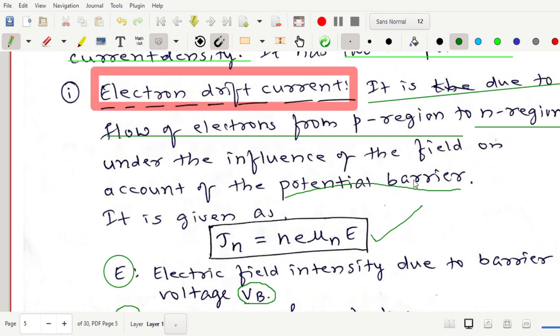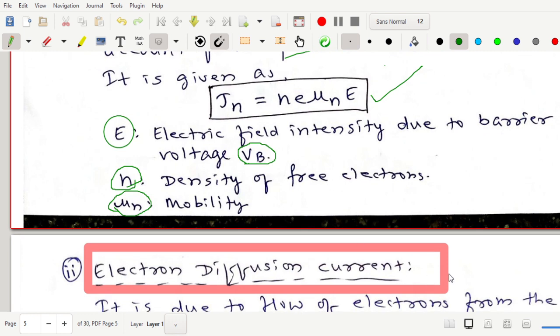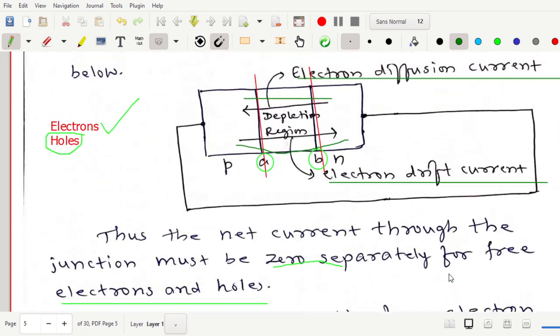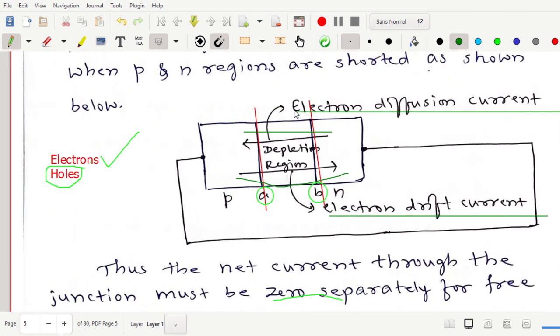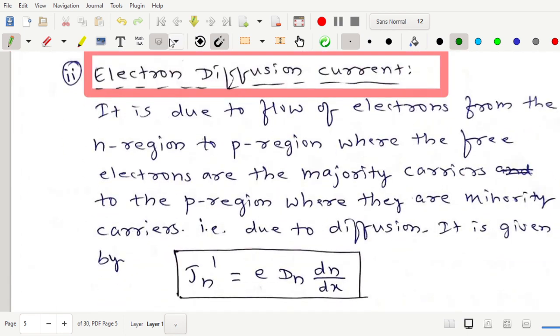Now let us see the expression for electron diffusion current. First let us see the cause of electron diffusion current, and if you go back to the diagram, here is the electron diffusion current and it is due to flow of electrons from N region to P region.